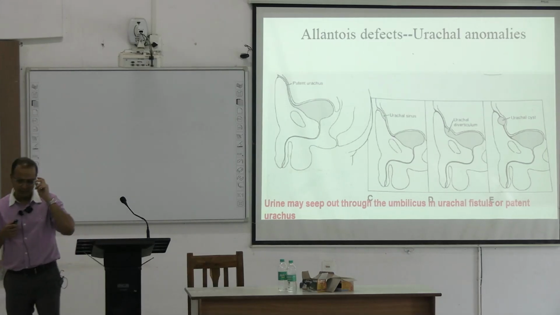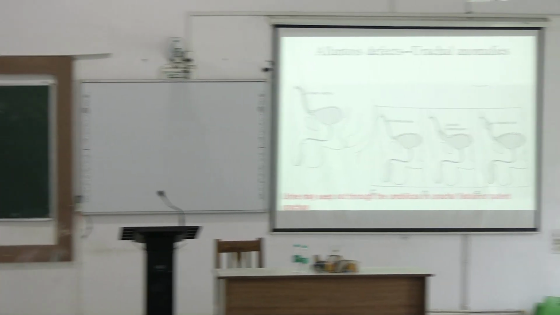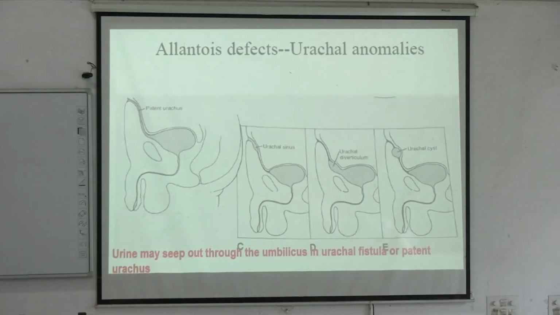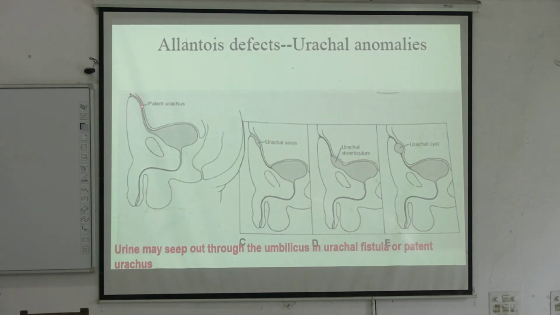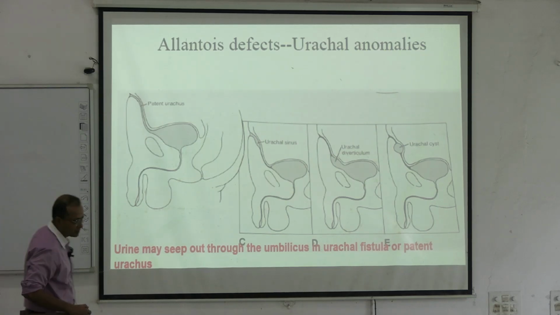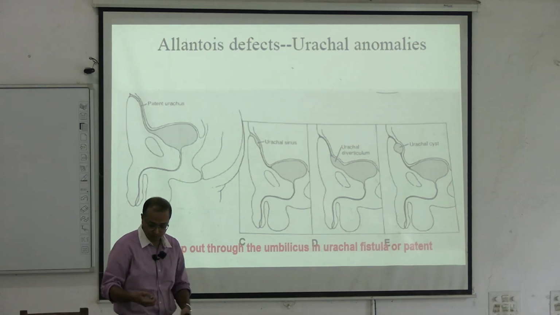Now, this problem we call urachal defect. Urachal defect is a kind of important problem. So what happens with this kind of problem? We have a tract joining the anterior abdominal wall or umbilicus to the urinary bladder. Now, if we have this defect, what happens to this individual?